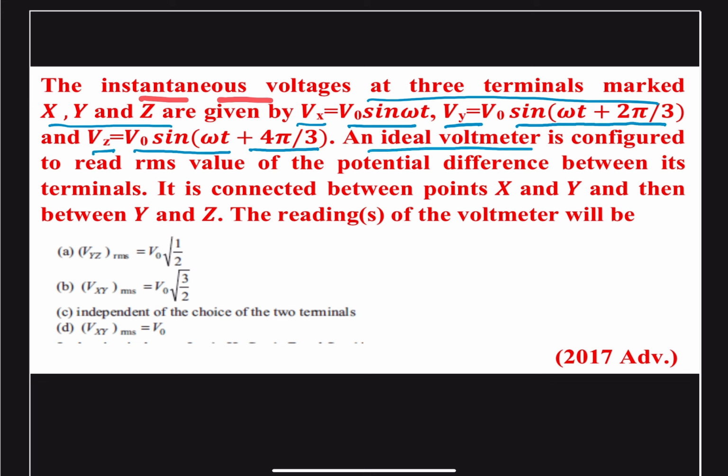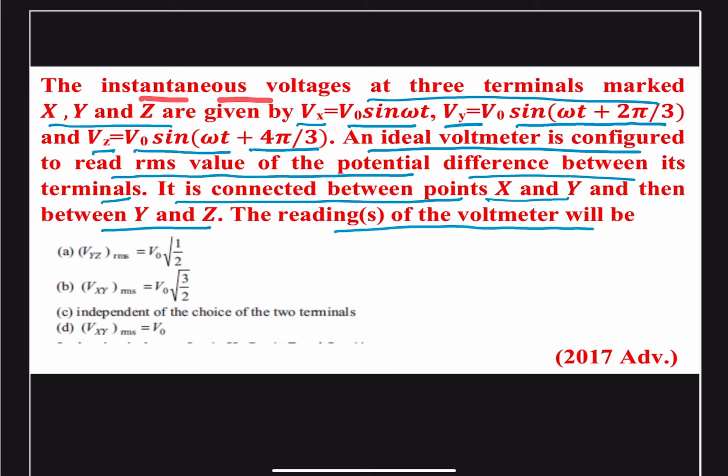An ideal voltmeter is configured to read the RMS value of the potential difference between its terminals. It is connected between points X and Y and then between Y and Z. The readings of the voltmeter will be.